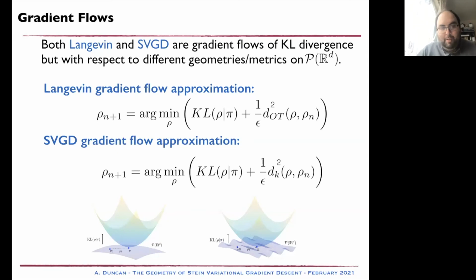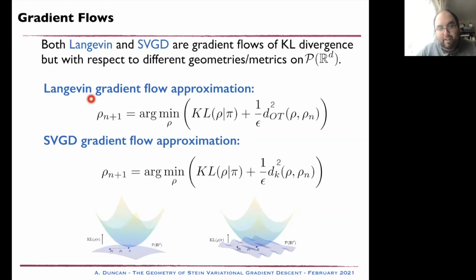So let me explain what I mean by gradient flow. Specifically, let's say I discretize time again. Let's say I am at time index n and I want to go to time index n plus 1.